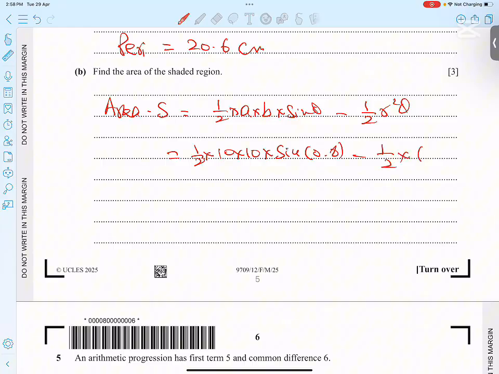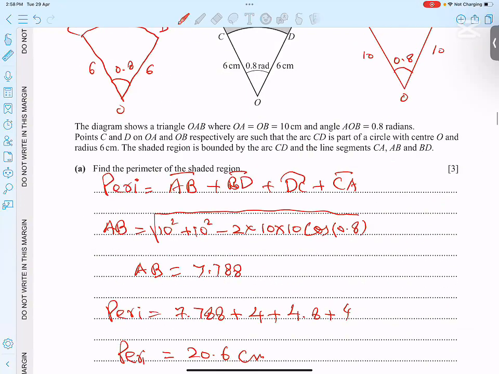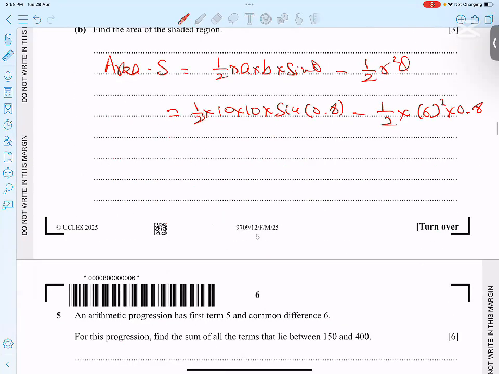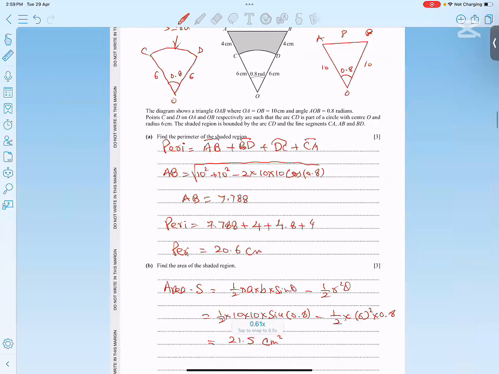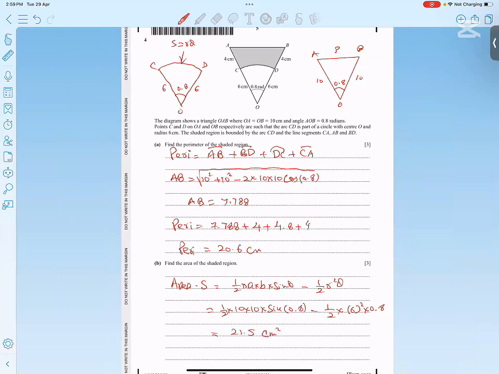Half into 6 to the power 2 into 0.8. Because let me check, yeah, 6 and 10, 0.8. So if I check in the calculator, the final answer coming is 21.5 after rounding, 21.5 centimeters square. So I hope the concept of this question is also clear to you.